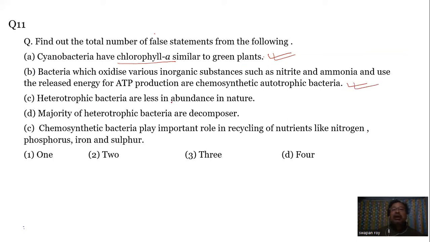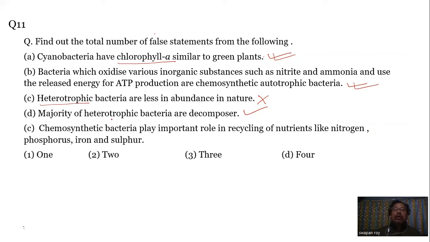C, heterotrophic bacteria are less in abundance. This is not true. The bacteria are the most abundant organisms on this earth. Among the bacteria also, the heterotrophic bacteria are more abundant. So this statement is not correct. D, the majority of heterotrophic bacteria are decomposers. Important decomposers in the ecosystem are the fungi and bacteria, and among these the bacteria are heterotrophic organisms.